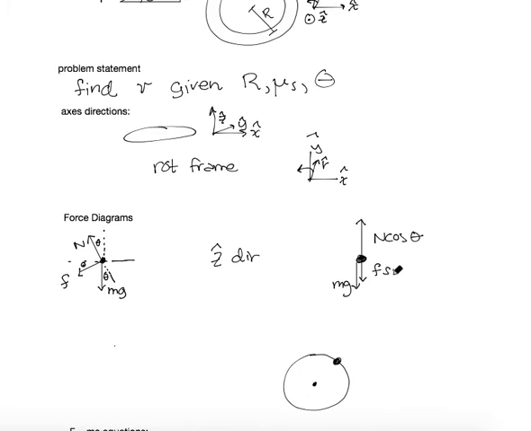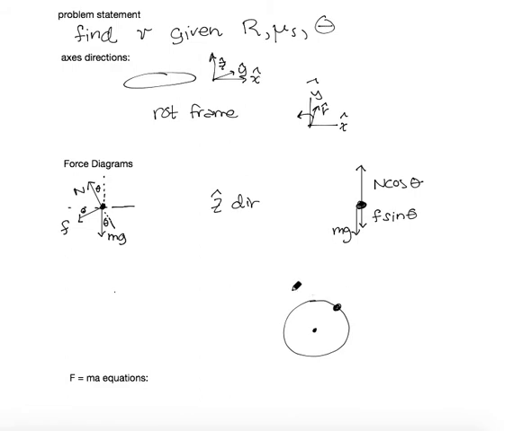F sine theta. Now we look at the r hat direction. Looking at this one, this would be the r hat direction, and this would be the z hat direction.